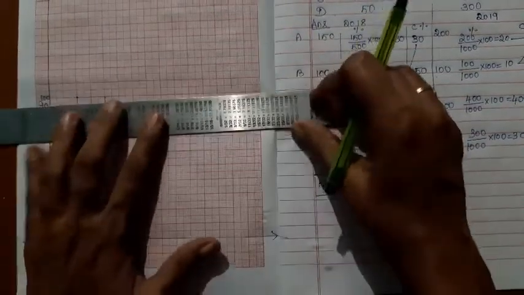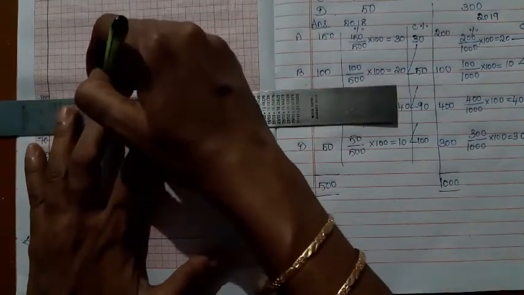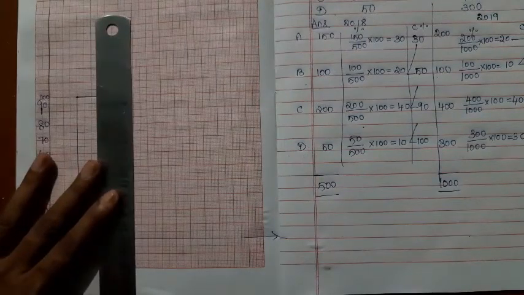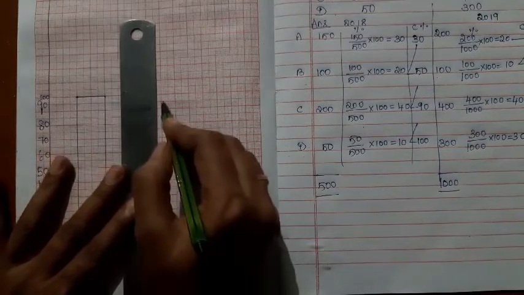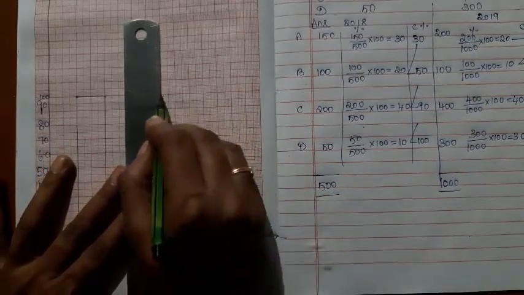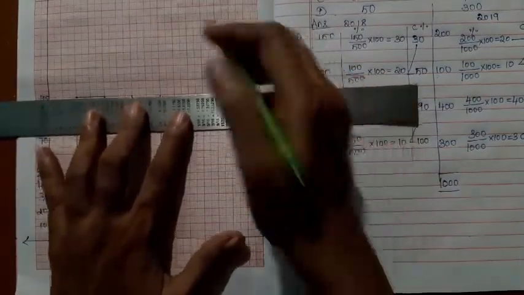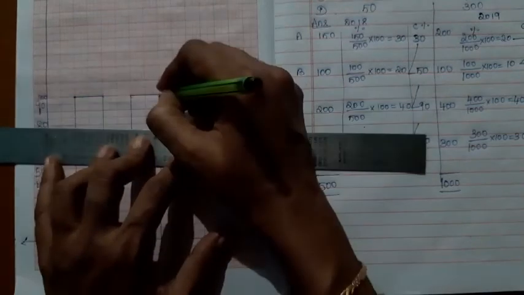Now for 2018, you draw a bar of height 100. Since I have only 2 years, I have sufficient space on x-axis, so I have taken 2 centimeters to represent the data of 2018, and also I leave some space of 2 centimeters between, and I draw a bar of height 100 units.